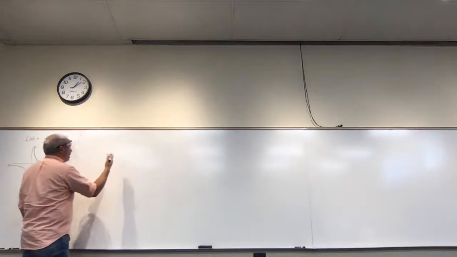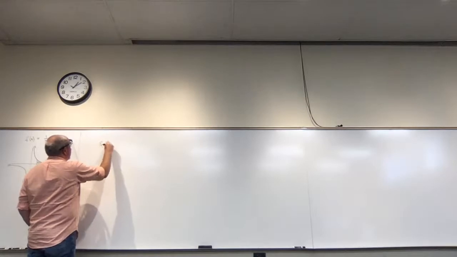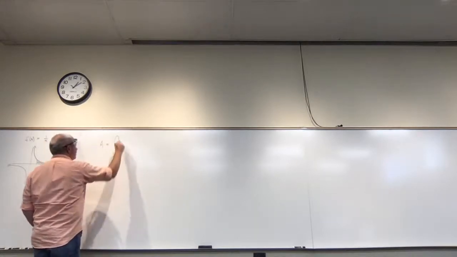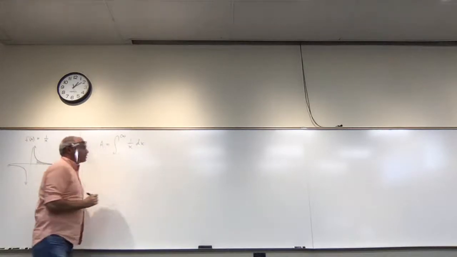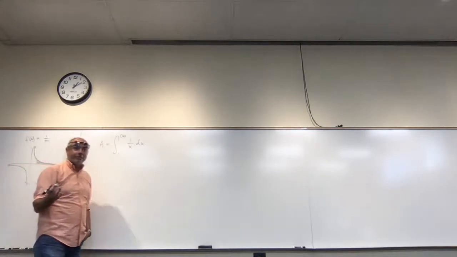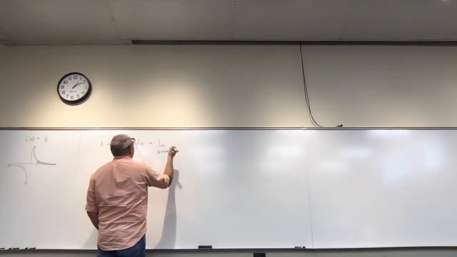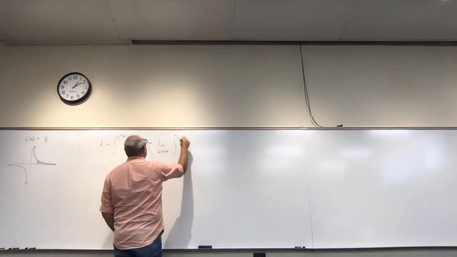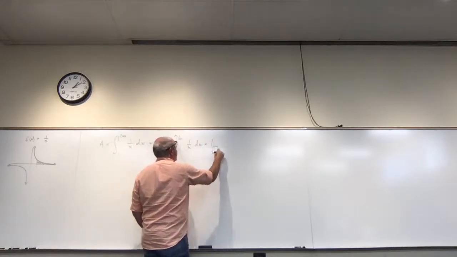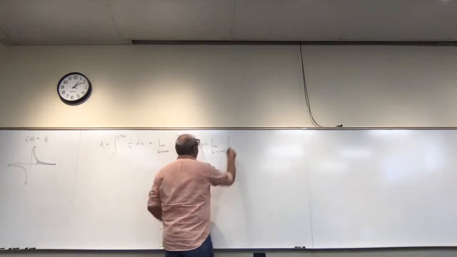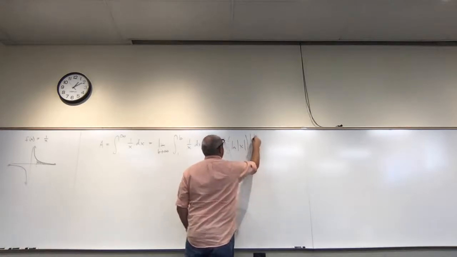So I'm going to calculate the area that I would need to paint. The area would just be the integral from 1 to infinity of 1 over x dx. And we know how to do this. This is what we've been doing in the last homework. This is the limit as b goes to infinity of the integral from 1 to b of 1 over x dx, which is the limit as b goes to infinity of the antiderivative of 1 over x, ln of absolute value of x, evaluated from 1 to b.